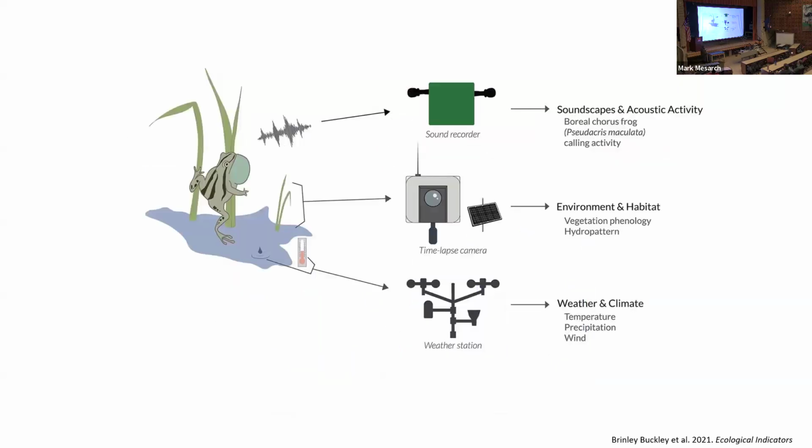Mary and others are also bringing in a variety of other sensors that pair well with imagery. Mary has, for example, recorders out to listen to acoustic activity, in this case of a specific frog.